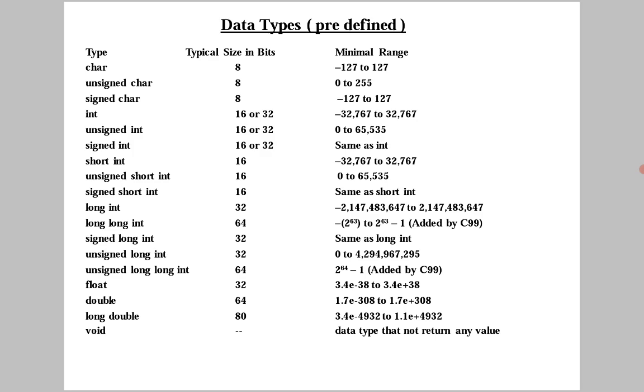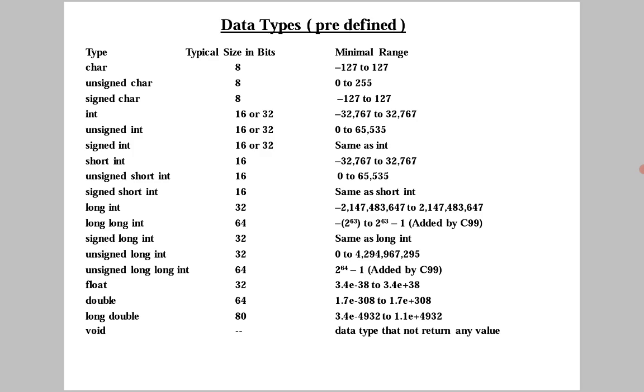A data type defines the type of storage or memory used to store the contents of a variable or a memory location. Generally we have different types of data, for example character data. Some variables store characters, some use strings. What is a string?